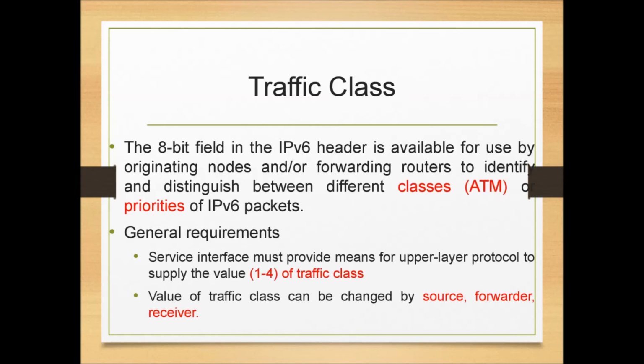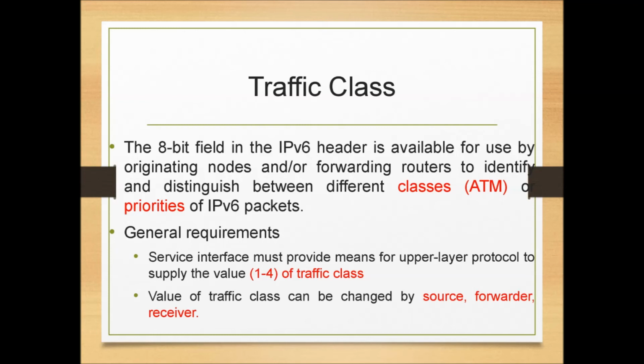Traffic class: the 8-bit field in the IPv6 header is available for use by originating nodes and/or forwarding routers to identify and distinguish between different classes or priorities of IPv6 packets. So dear students, you have remembered ATM, asynchronous transfer mode technology, in which we have discussed different types of classes, and those classes were used to provide different services on priority basis to its users.